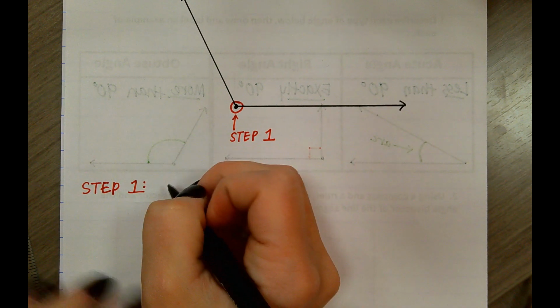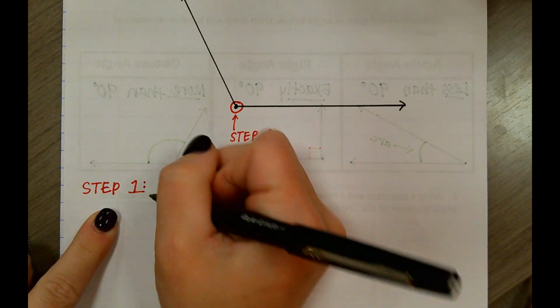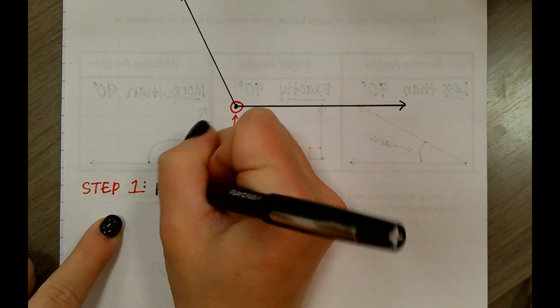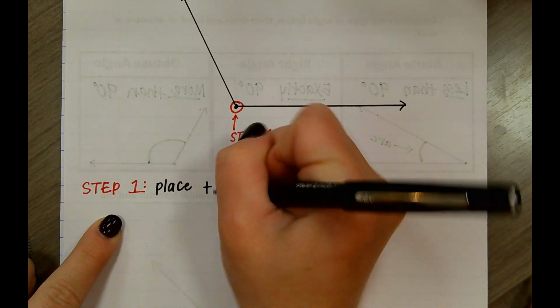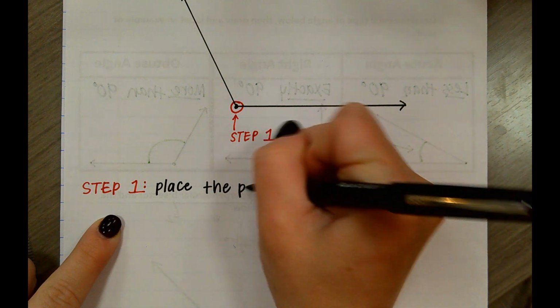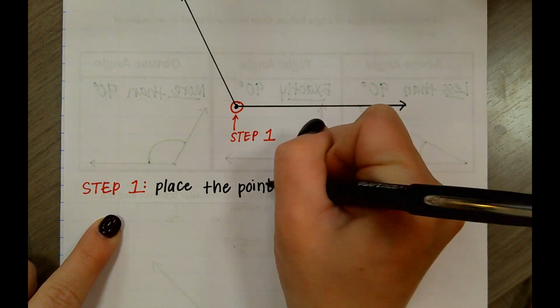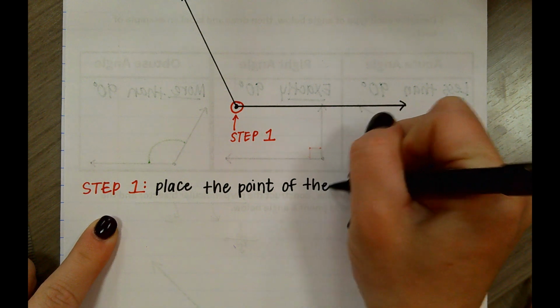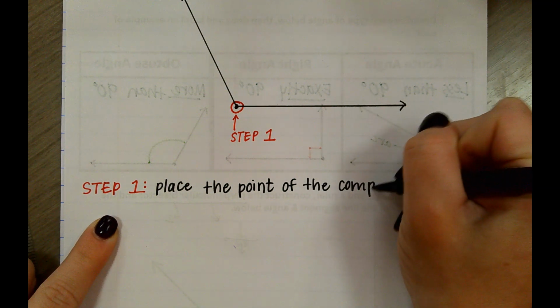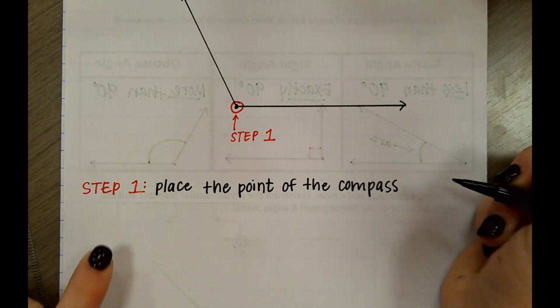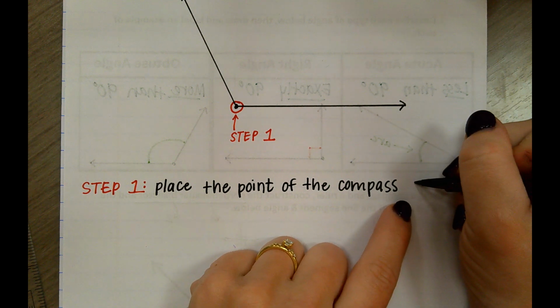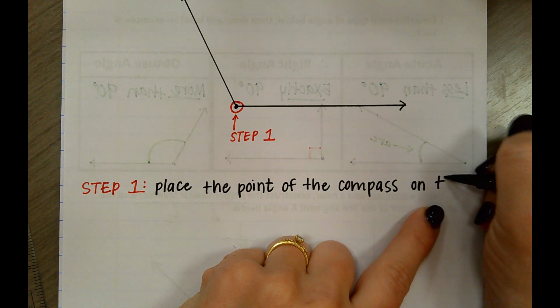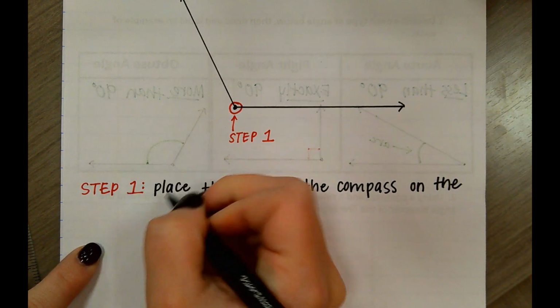So, step 1, we are going to place the point of the compass on the vertex.